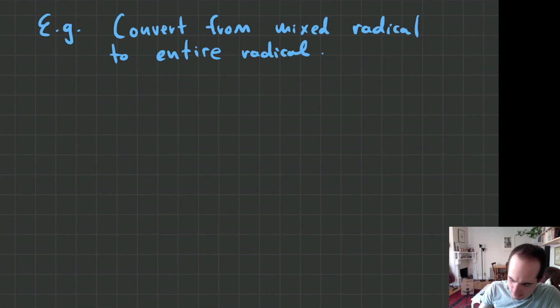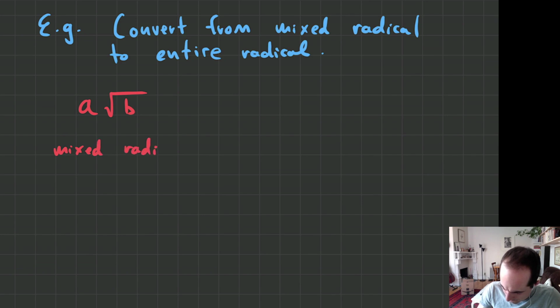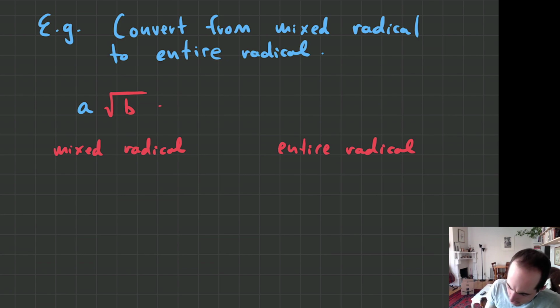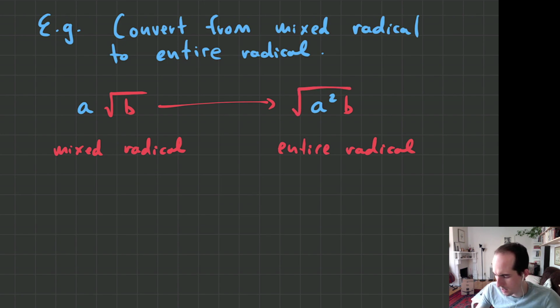Just as an aside, this would be a mixed radical because we have a whole number part right over here, and we would have an actual radical in red, whereas an entire radical would be if I were to take this one over here and convert it into an entire radical, I would get this: a squared times b, and these two things are equal.